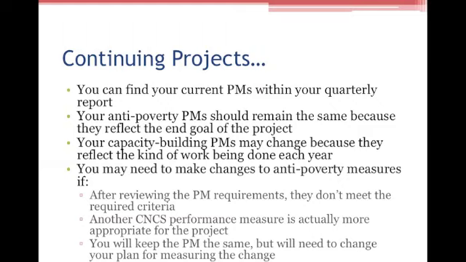If you want to collect literacy scores and then you collect attendance, that's not matching up, kind of apples and oranges. If another performance measure is more appropriate for the project, that might also be the case. Or if you are keeping your performance measure, but you need to change how you plan on measuring that change, that impact, that outcome.